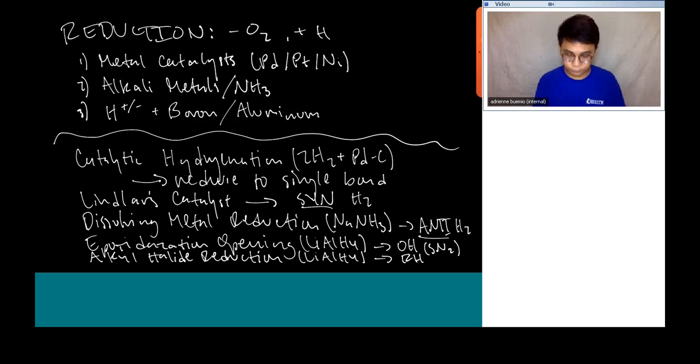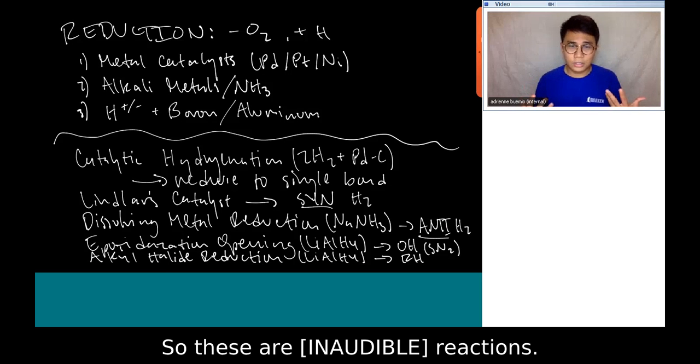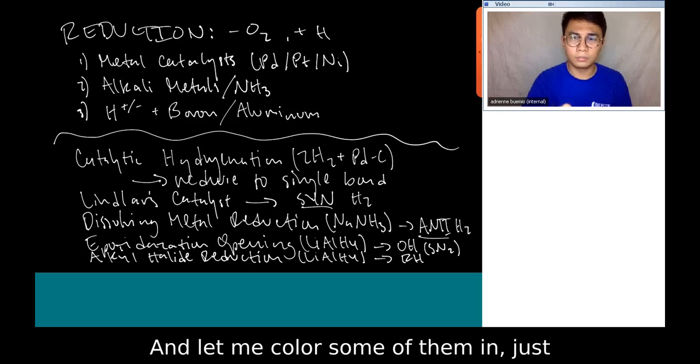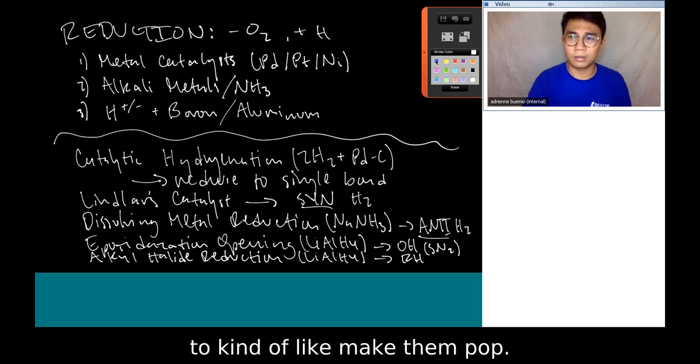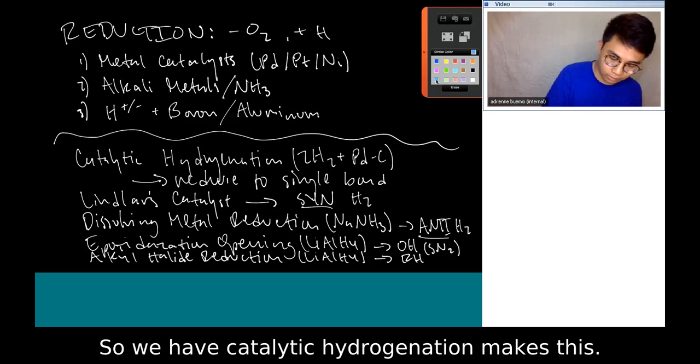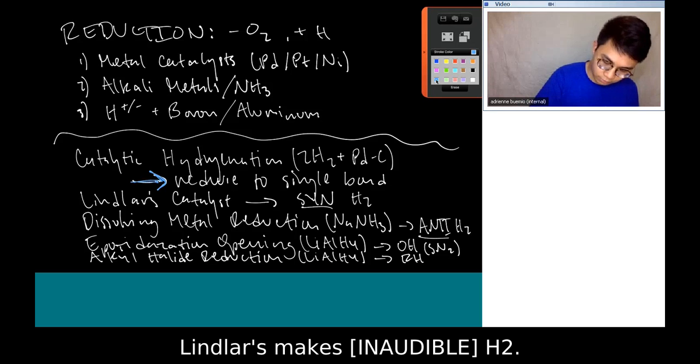RH. So these are the reactions, and let me color some of them in just to make them pop, right? So we have catalytic hydrogenation, makes this. Lindlar's turns into syn H2.